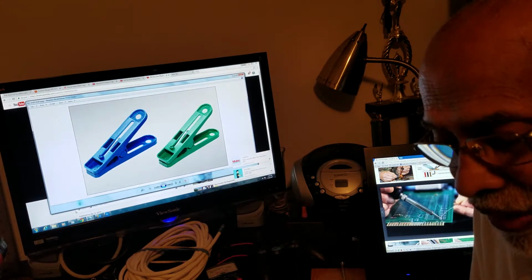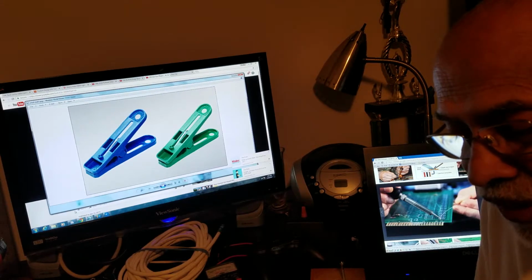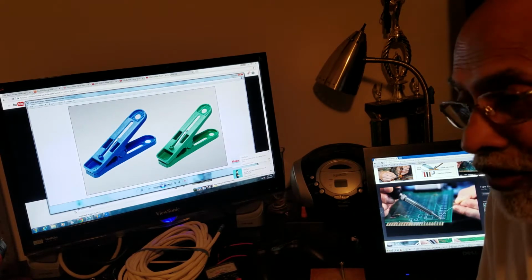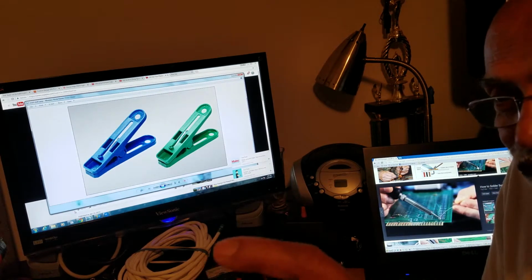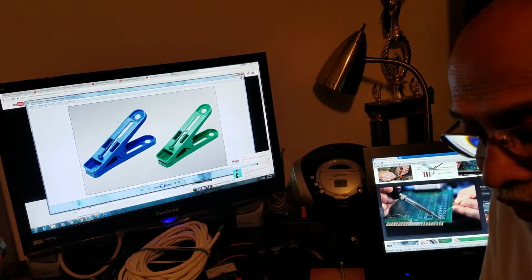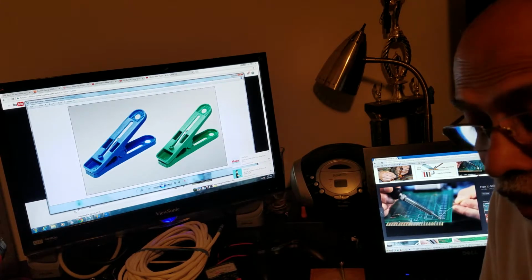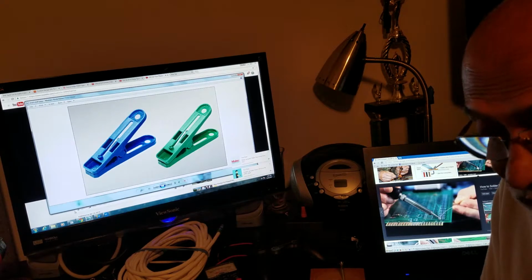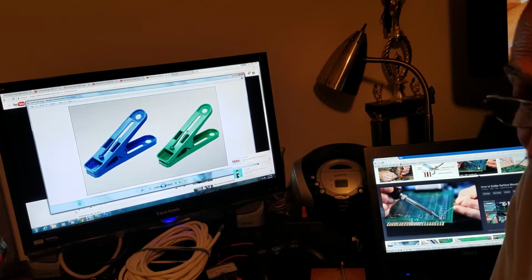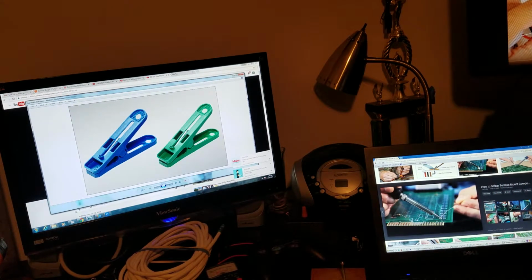So 90-degree angle SMAs help with that. And standoffs or spacers are useful to have in the workshop. Hex drivers, Allen keys, very important. Tweezers we already have.